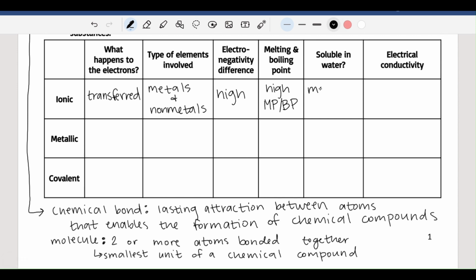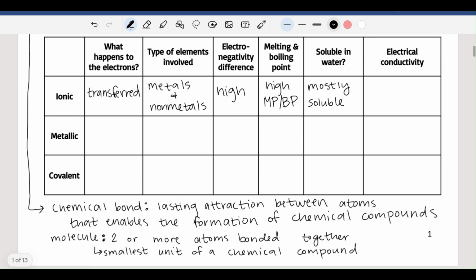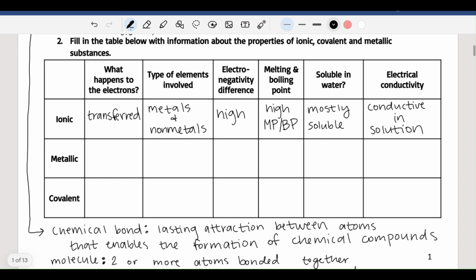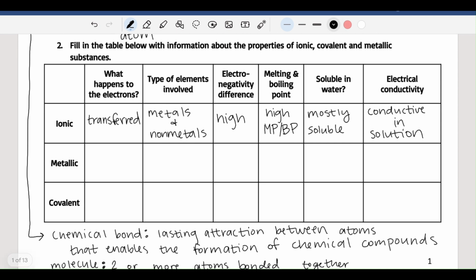And we could also dissolve the salt in water, but we say mostly soluble because there are some ionic compounds that aren't completely soluble in water. And then electrical conductivity. We found that they were not conductive as solids, but once we dissolved them, they are conductive in solution.